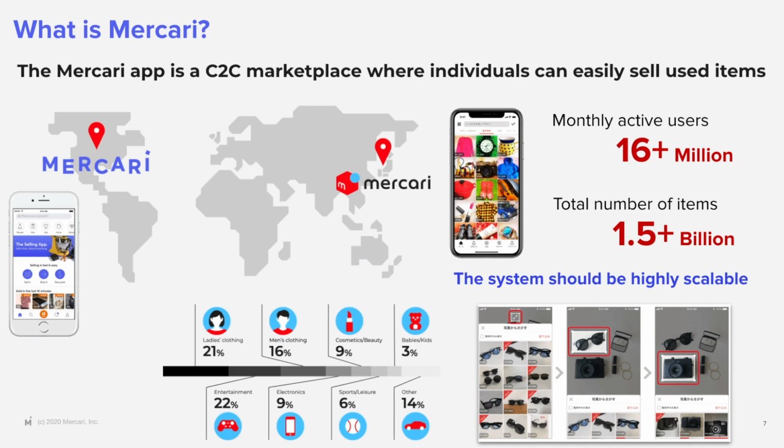The number of monthly active users is over 16 million, and the total number of items is over 1.5 billion. So the system should be highly scalable. Also for the visual search feature, high scalability was required.